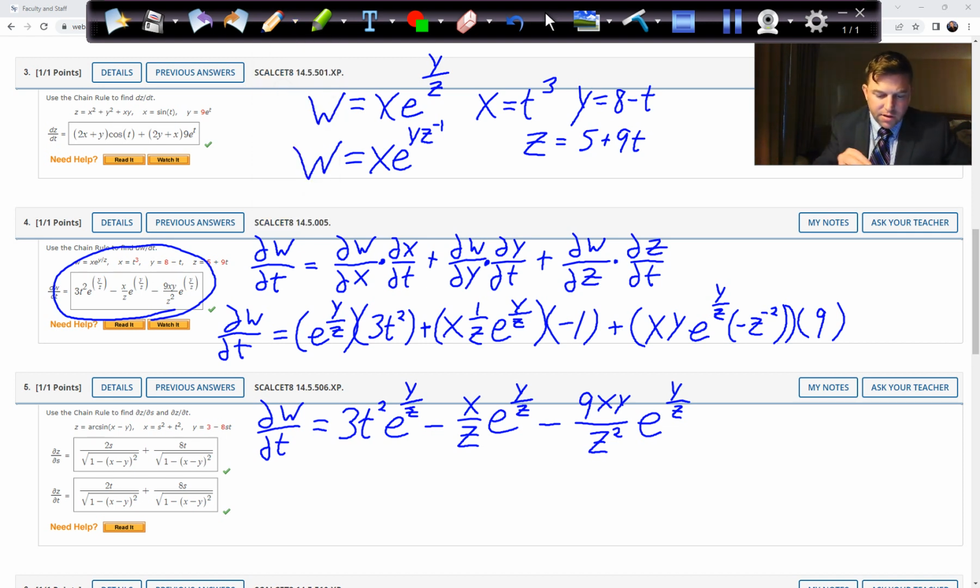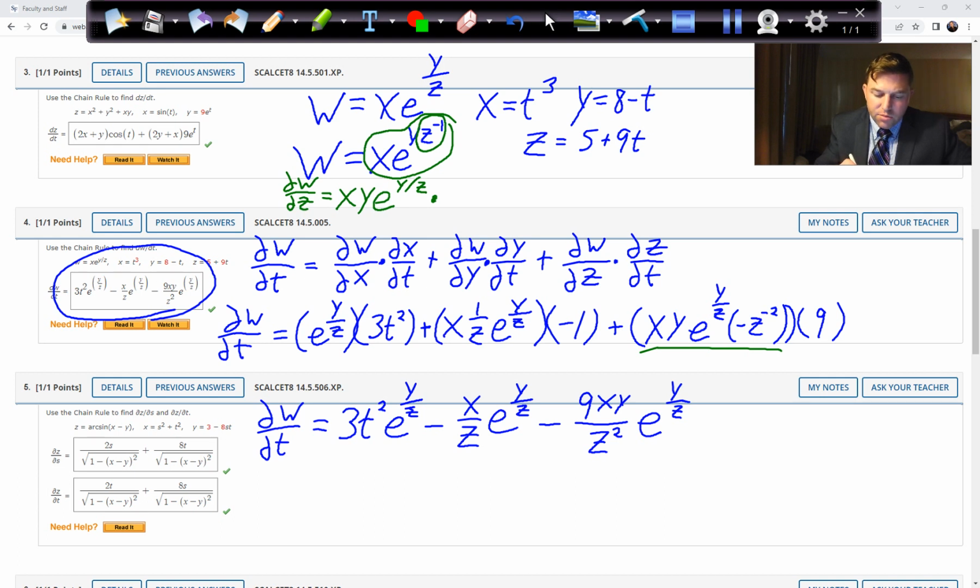Let me do this one in green, because this one's the hardest one to see. The derivative of w with respect to z. First we do the derivative of the outside. x is a constant, y is a constant, it comes down in front, and then we leave this exactly the same, e to the y over z, but then we have to multiply by the derivative of this right here.